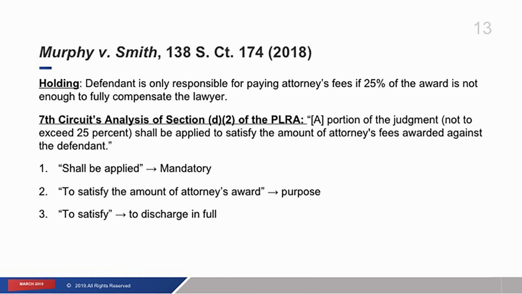Lastly, to satisfy an obligation, particularly a financial obligation, usually involves discharging the obligation in full. Altogether, the three reasons suggested that the district court must act with the purpose of fully discharging the fee award. Furthermore, the district court must use as much of the judgment as necessary, but not exceeding 25%.